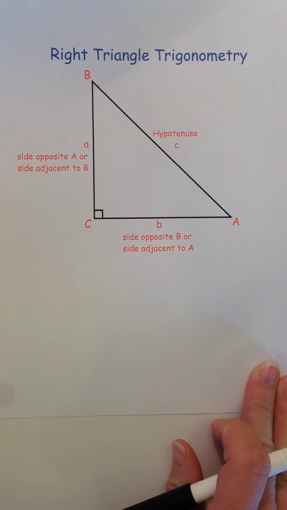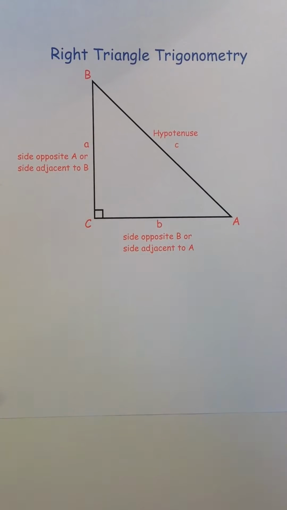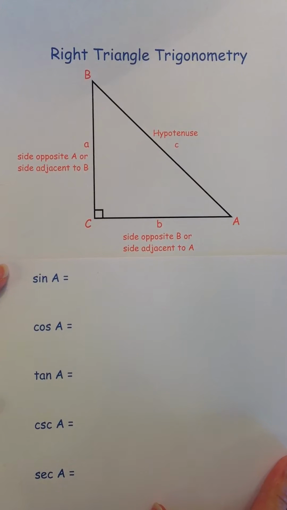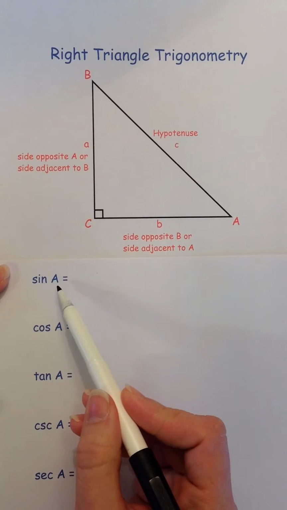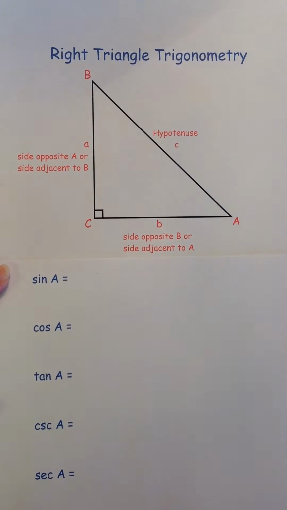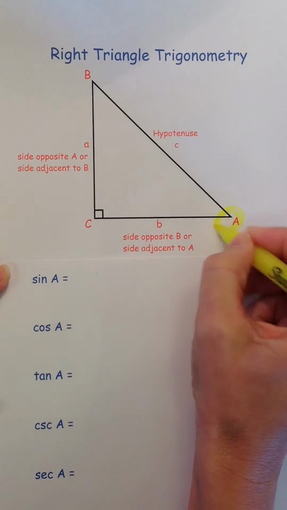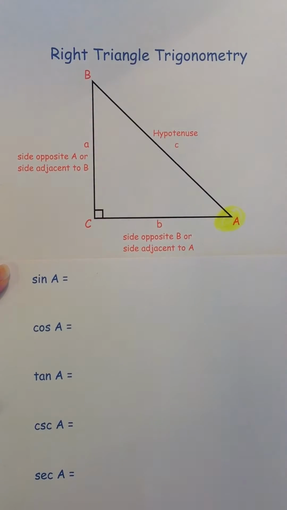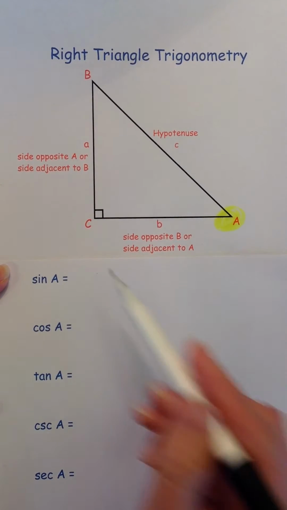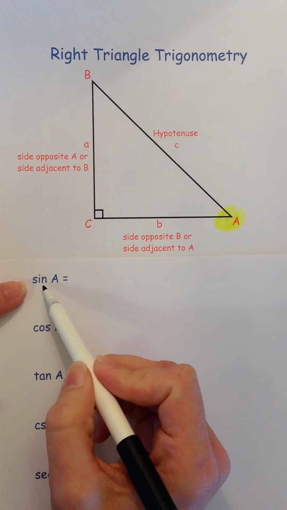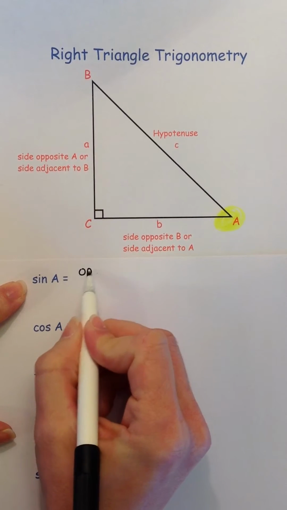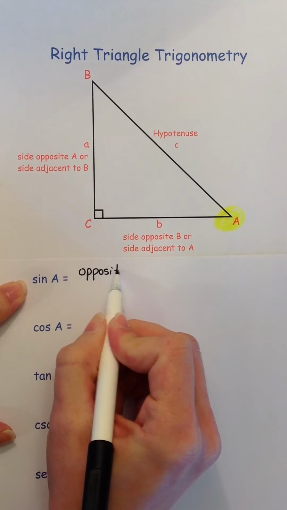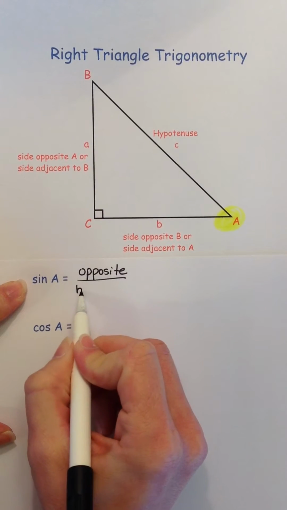All right, so we're going to start out by first defining sine. I'm just going to define each of these trig functions based on angle A, okay? So everything, again, is going to be in reference to angle A. I'm going to mark that up here on our picture so we won't forget. Sine is always defined as opposite over hypotenuse.